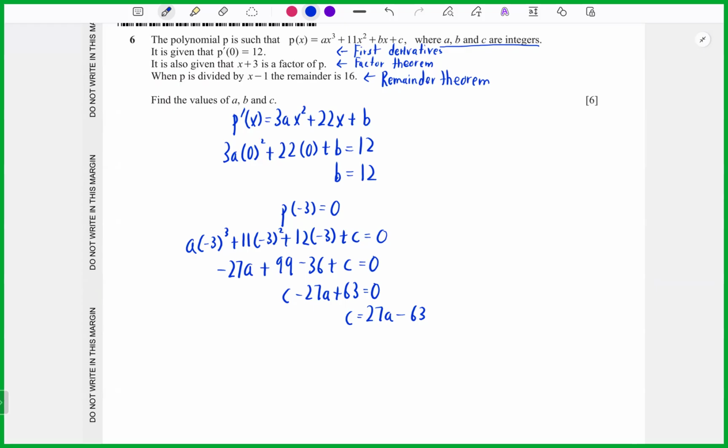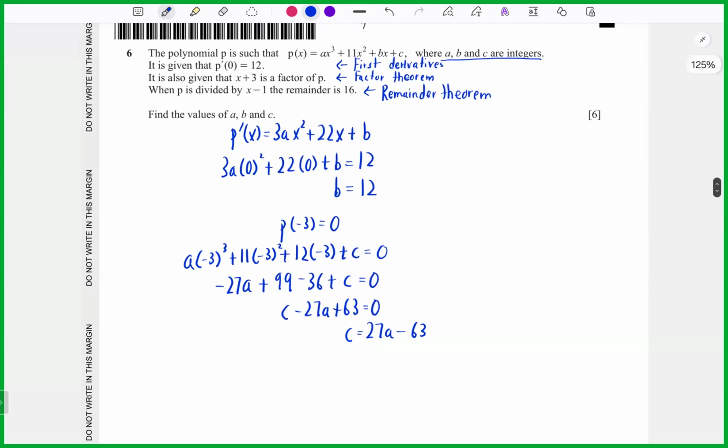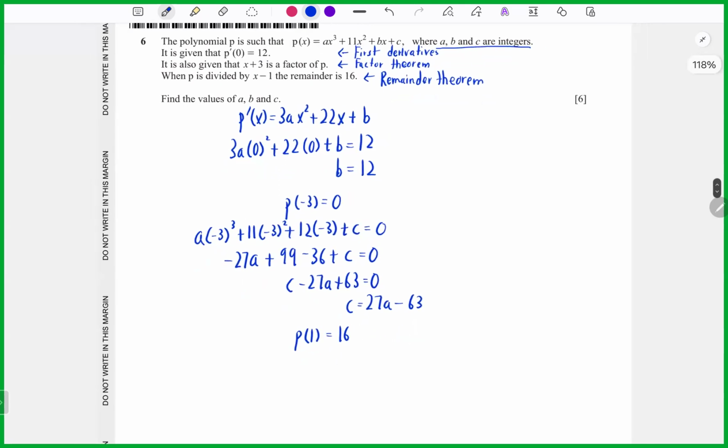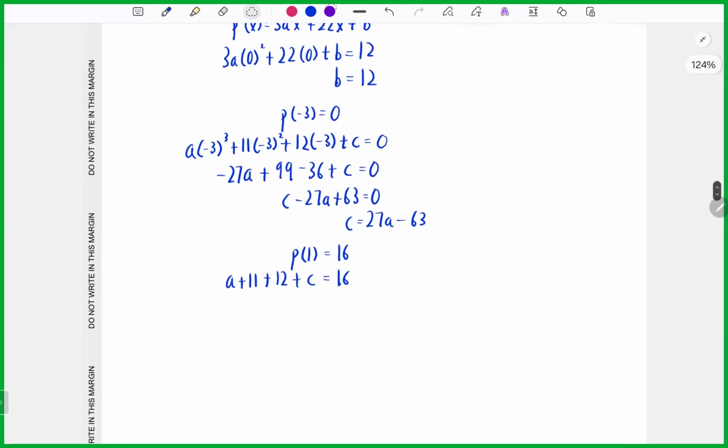Okay, let's look at the third sentence. The third sentence is the remainder theorem, right? So how do we do it? You can write here P(1) equals 16. So A plus 11 plus 12 plus C equals 16.